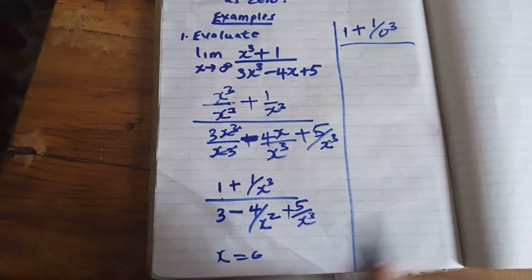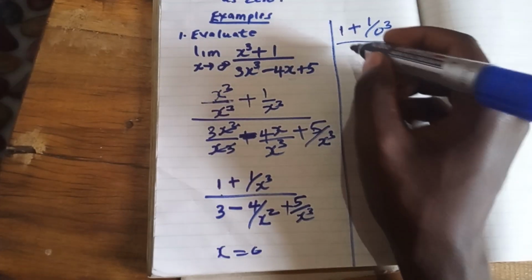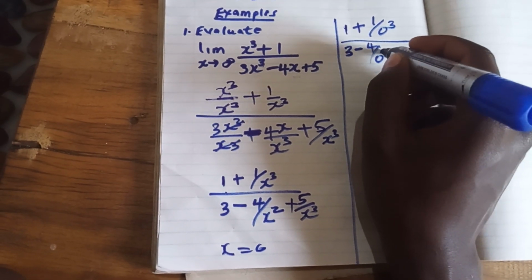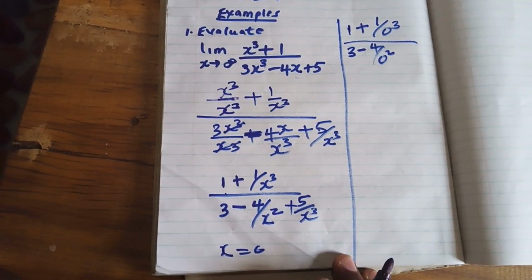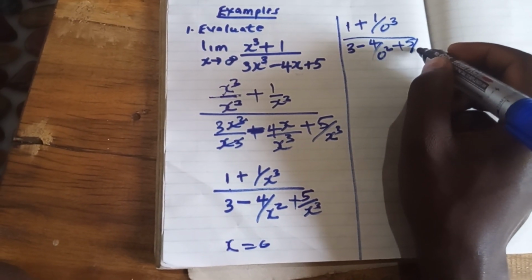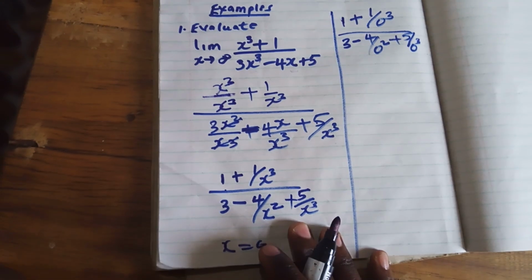Then we continue. This is 3 minus 4 out of 0 squared, then plus 5 out of 0 cubed.